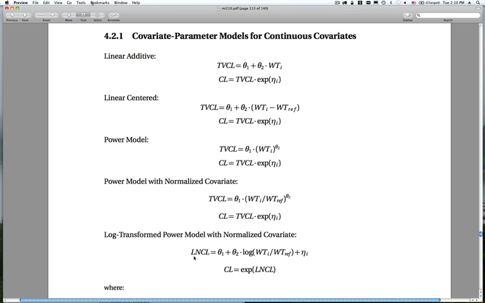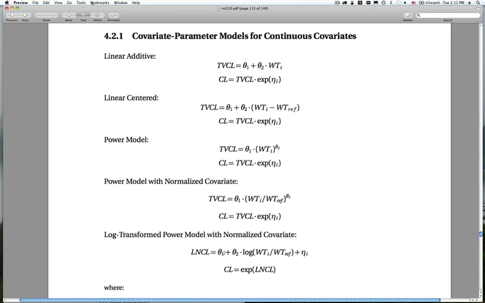Well, that's saying that the imprecision or the uncertainty in these theta terms is normally distributed, or multivariate normal. And so for that to be valid, all of these other models would fail because, of course, if theta 1 is negative, our typical value of clearance is negative, and that's not realistic.